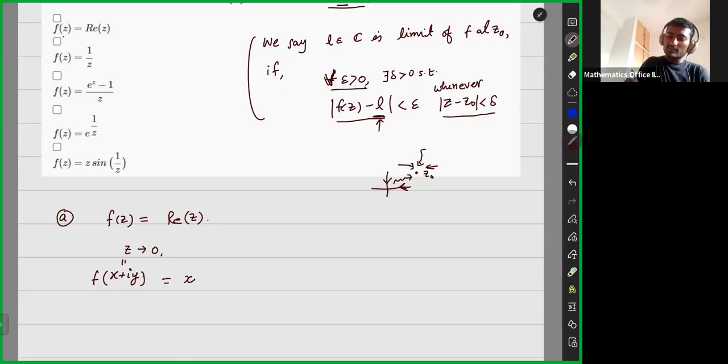When x plus iy goes to zero, it means x also goes to zero, y also goes to zero. So from here x goes to zero. That means if you're going along the x-axis this way, you're getting 0.